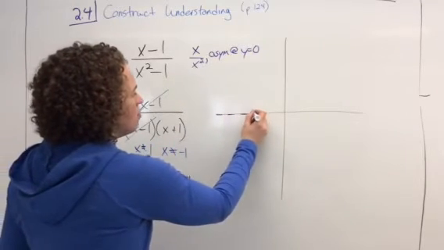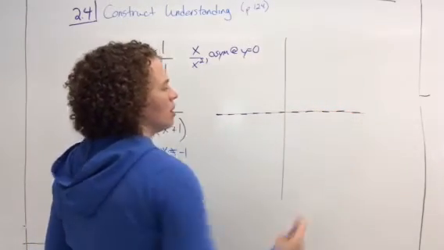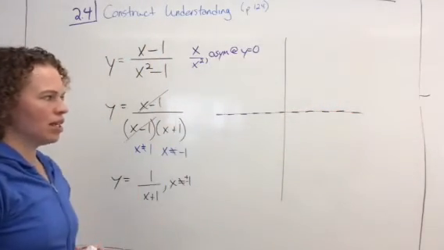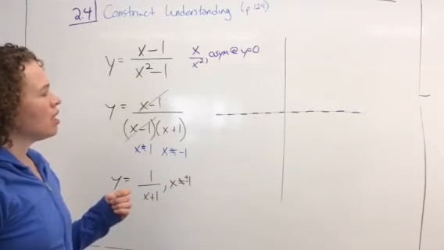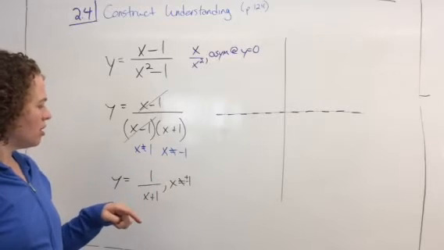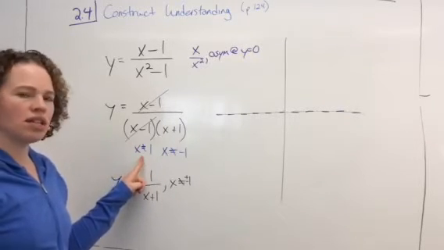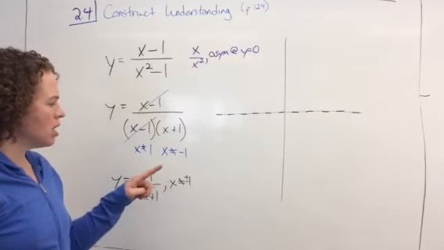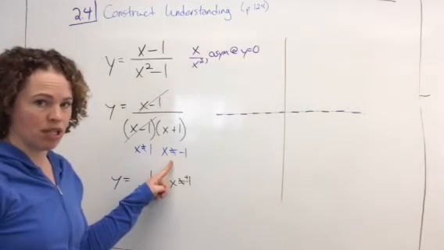Make a dotted line there, and no line is going to be able to touch that. It's going to come close to it, but not touch it. Then I look down here and see that this one factored out, so that's going to be a hole, but this one didn't factor out, and therefore that's going to be an asymptote as well.